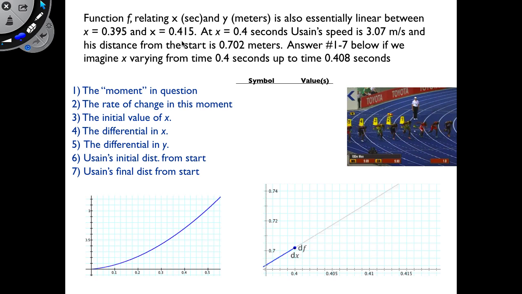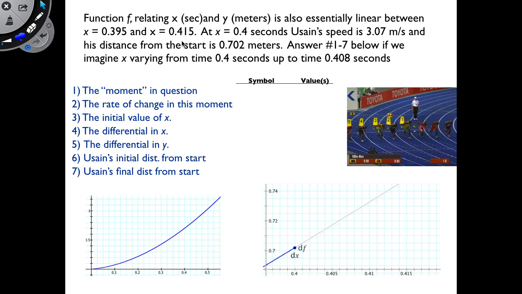Like, oh, well, that's how people speak. If I wanted to compute that anyway, I'd need to think about some moment near time 0.4 seconds into the race and look at a small interval, compare the distance changes to the amount of time that we'd varied through, and see what that speed is.